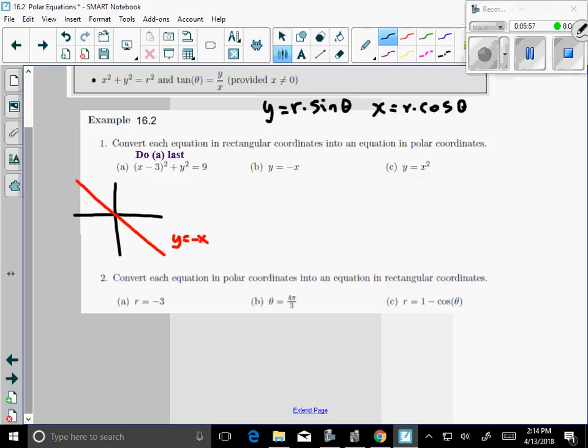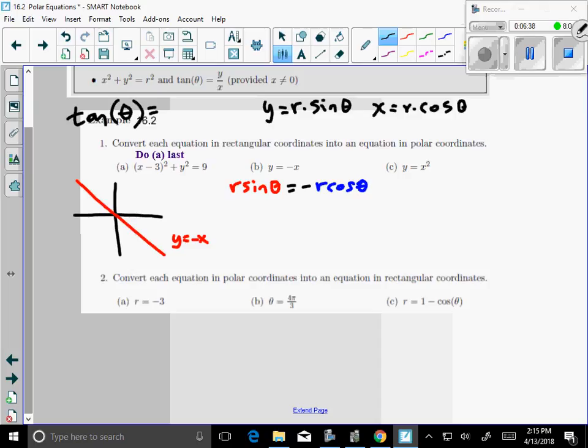I'm going to do a direct substitution here. If y equals r sine theta, and x equals r cosine theta, well, what the heck? This is weird. Oh, watch this. What do we know about tangent theta? It equals y over x.